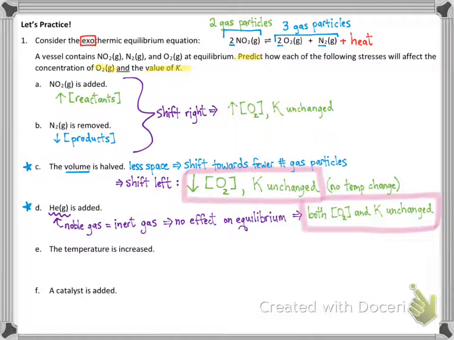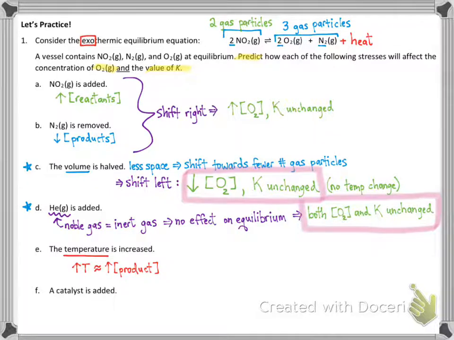For part A and B, increasing the reactant or decreasing the product is actually going to have the same effect. Both will cause the equilibrium system to shift right, increasing the concentration of oxygen gas, but constant temperature, so K is unchanged. Speaking of temperature, in part E, we've increased the temperature, which for this system is basically equivalent to increasing the amount of a product.